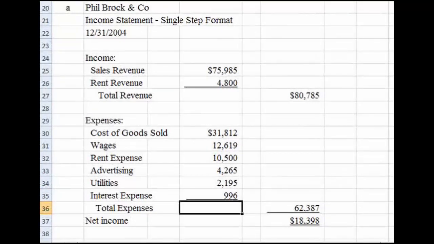The total expenses add up to $62,387. Then, of course, the net income, using the formula already there, is $18,398. That, in essence, is the single-step format.